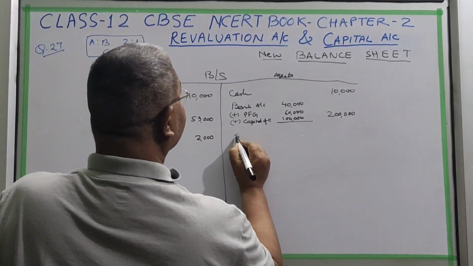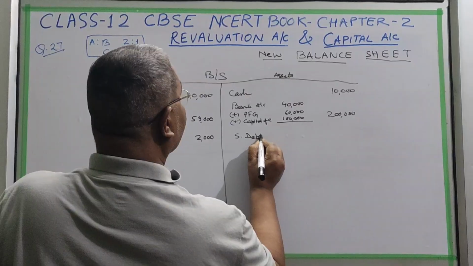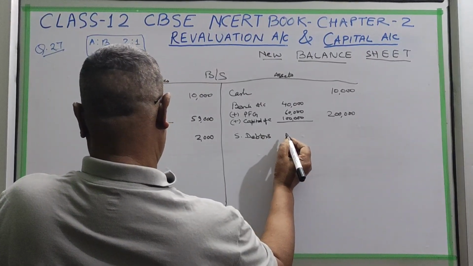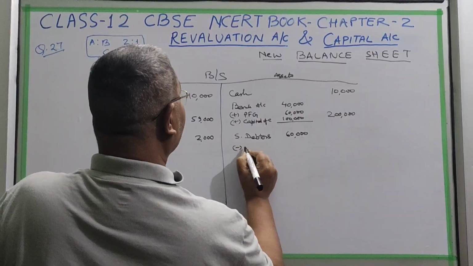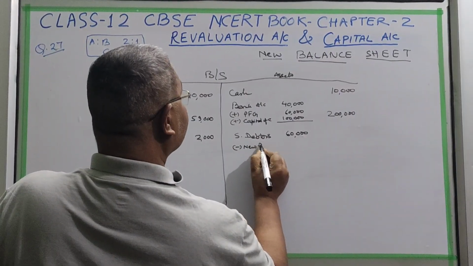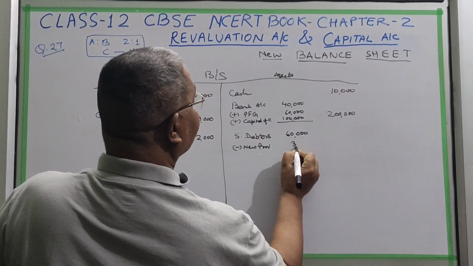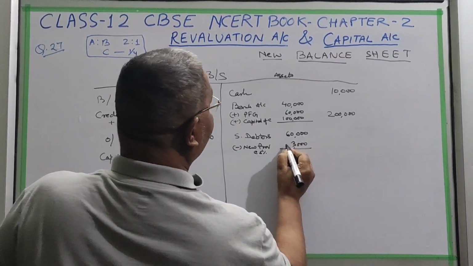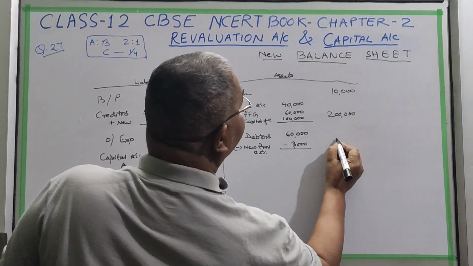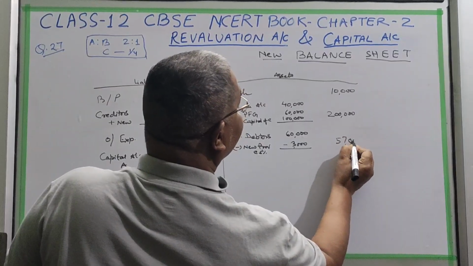Sundry debtors is 60,000, and you have made a new provision of 5%, that is 3,000 rupees. That will reduce it. So 57,000 will come here.